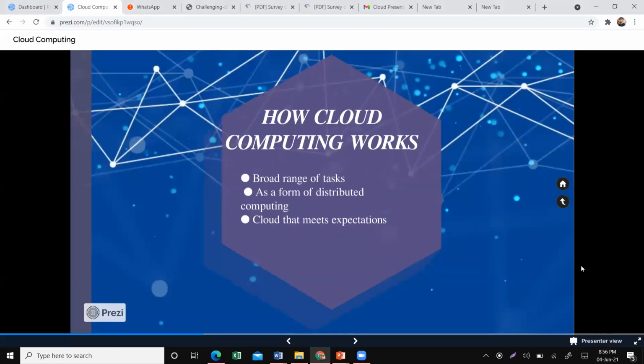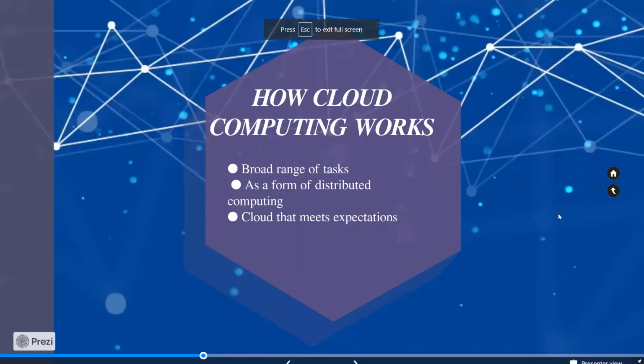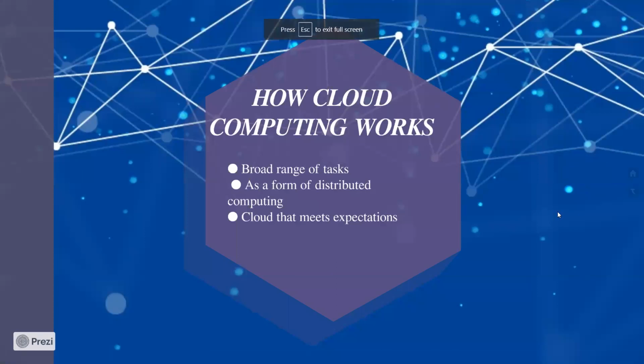Next, as a form of distributed computing, let's discuss the difference between cloud computing and distributed computing. What defines cloud computing is that the underlying computer resources of cloud-based services and software are entirely abstracted from consumers of the software services.